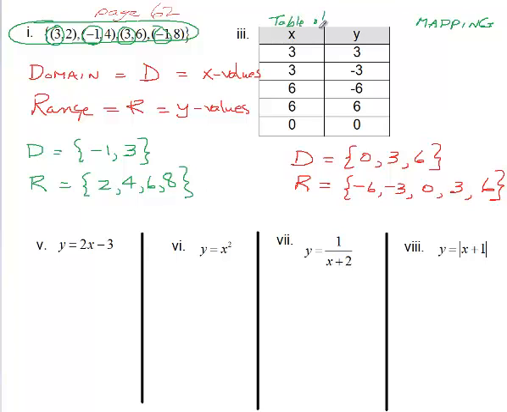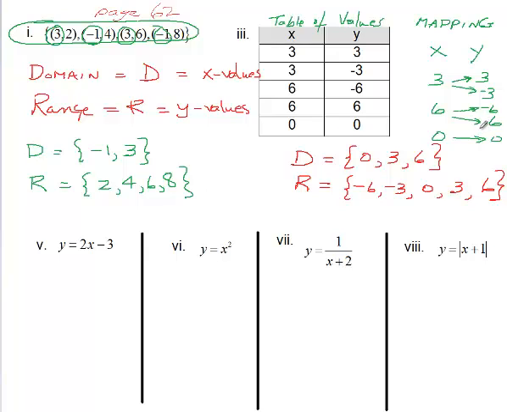This is called a table of values. It could also be done in a mapping diagram, and it would look like this: X, Y as column headings, and then the number 3 would map to 3, but would also map to -3. The 6 would map to -6 and 6, and 0 maps to 0. So I could rewrite it as a mapping diagram.